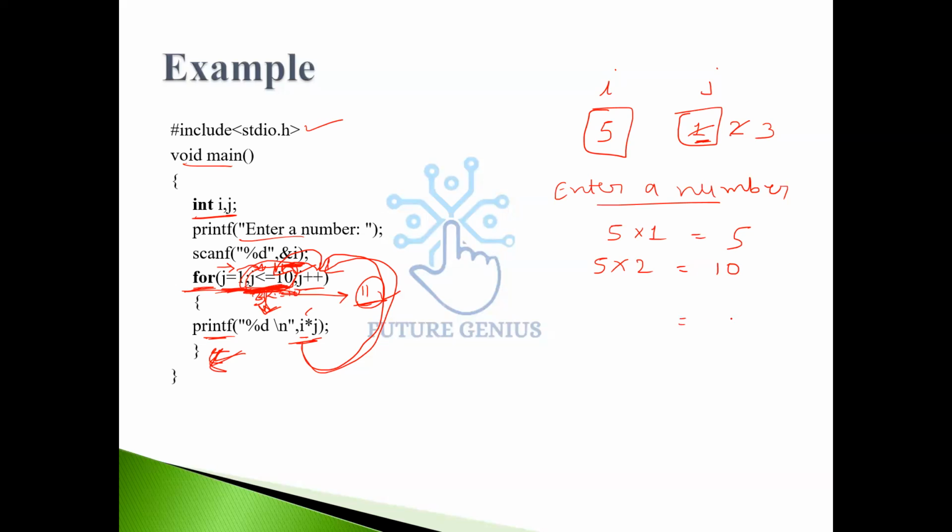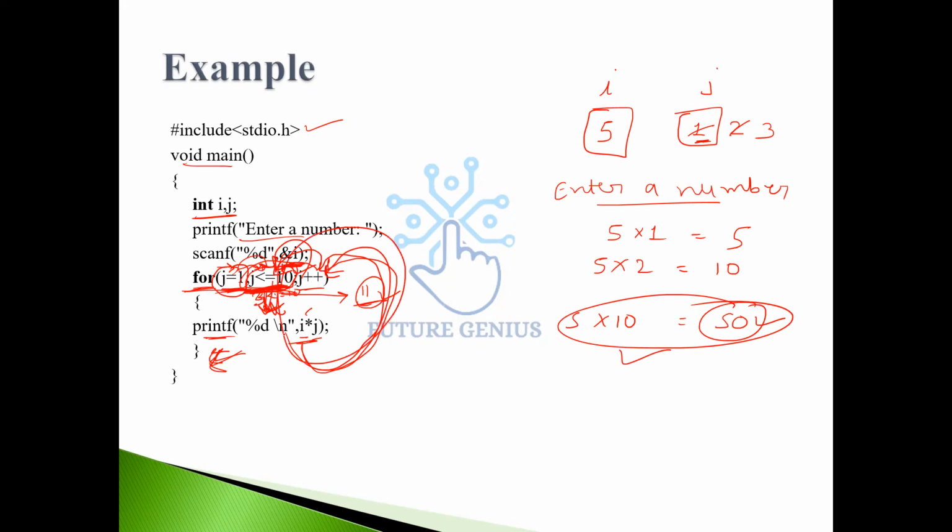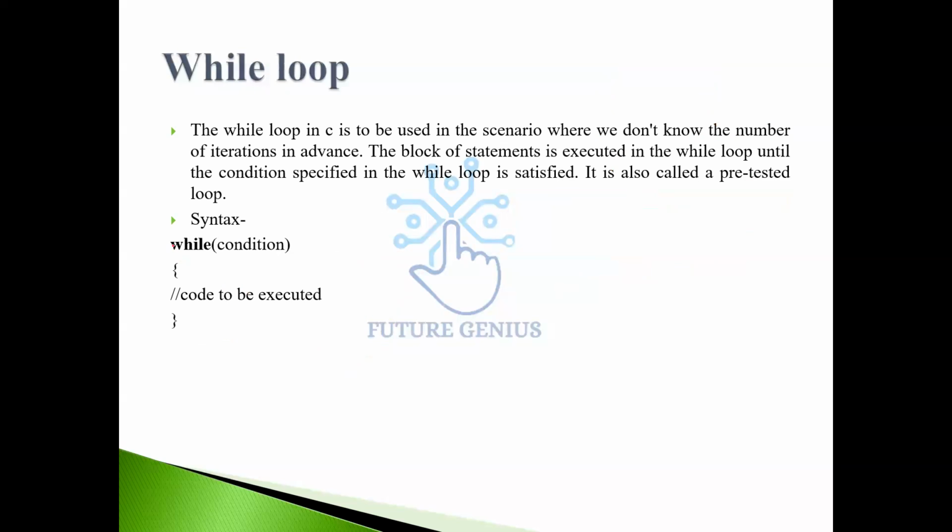So it will print up to 50, that means up to 5 into 10. You must know how the for loop works: first it executes the initialization, then the condition, then the printf, then the increment, then again the condition, and the loop works like this. So this is all about the for loop.